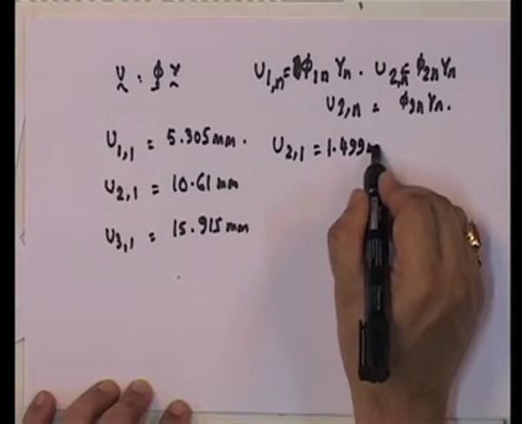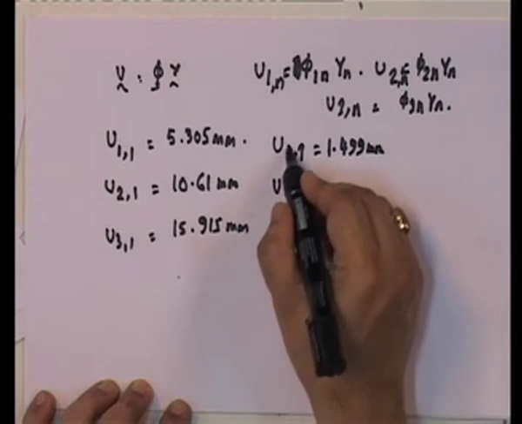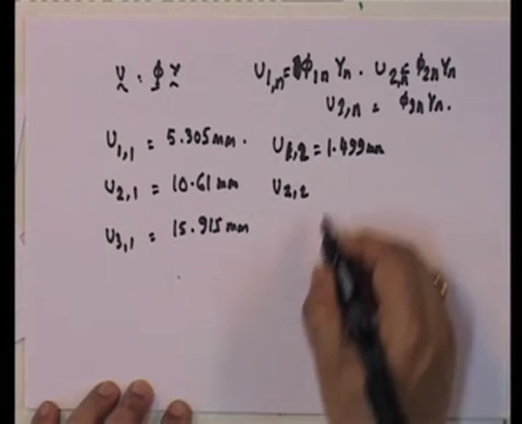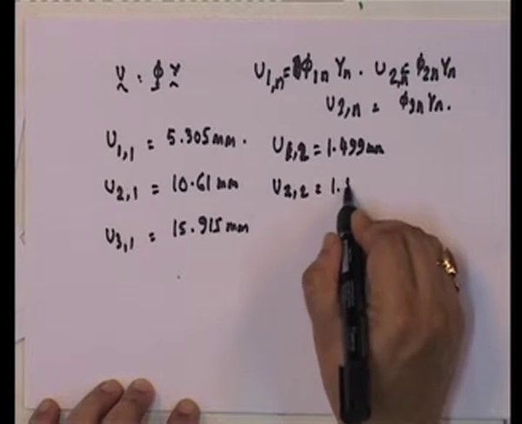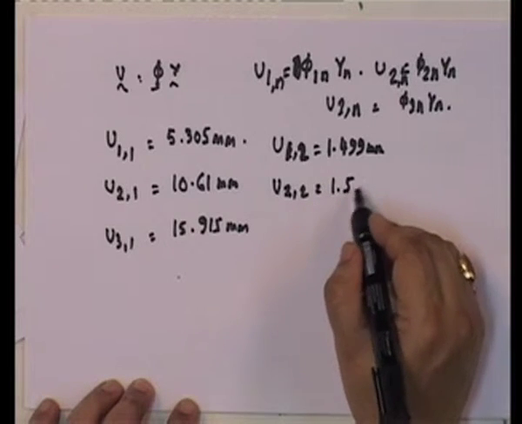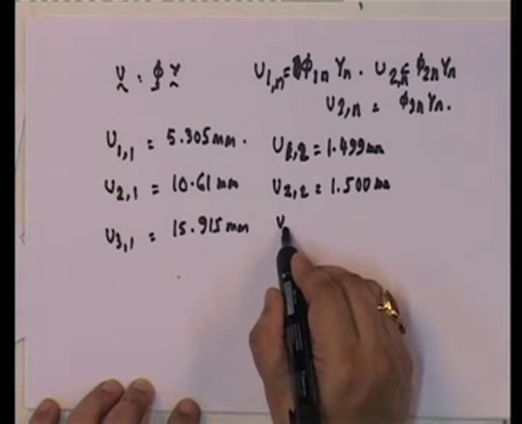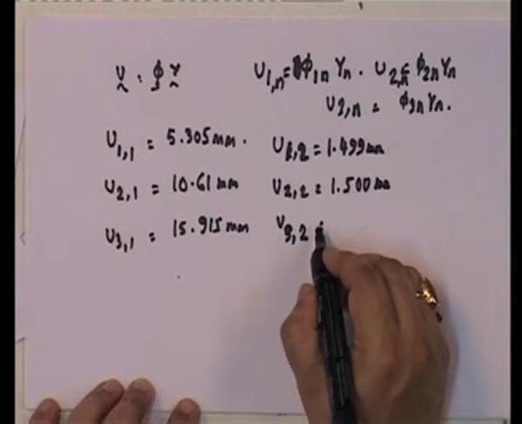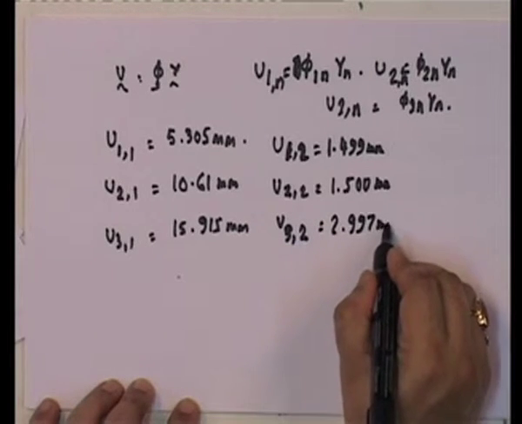So, V21 is equal to 1.499 millimeter, sorry, this is V12. In the second mode, first displacement 1.499, the second 1.5, V32 is equal to 2.997.